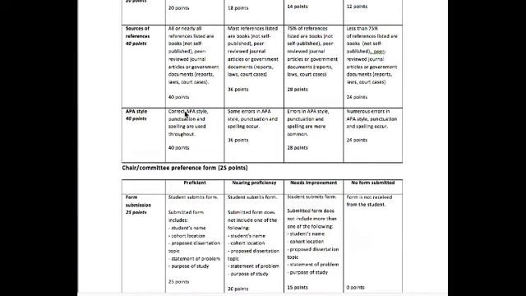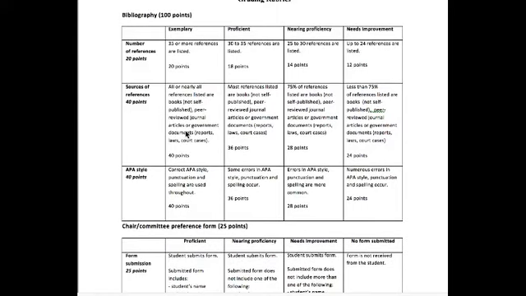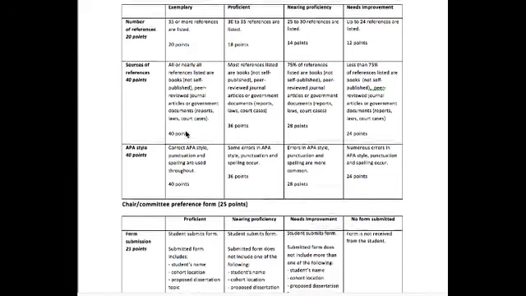And all of that needs to be in correct APA style. Punctuation and spelling are used throughout. So that's a little bit about the bibliography, and again, we'll be talking more about that later on this evening.